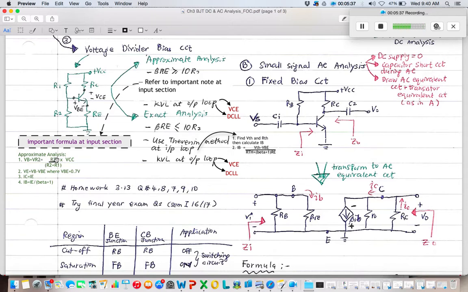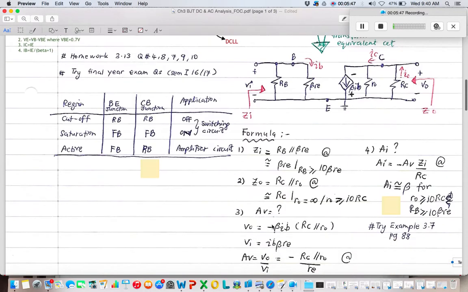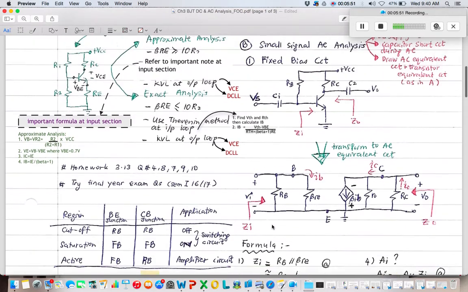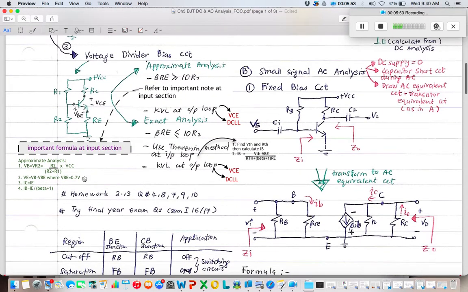VR2 is R2 over R2 plus R1 times VCC. This one is the voltage divider rule. Let me write down here. Where is my text? It's not appearing here. Okay, never mind. This is the voltage divider rule.